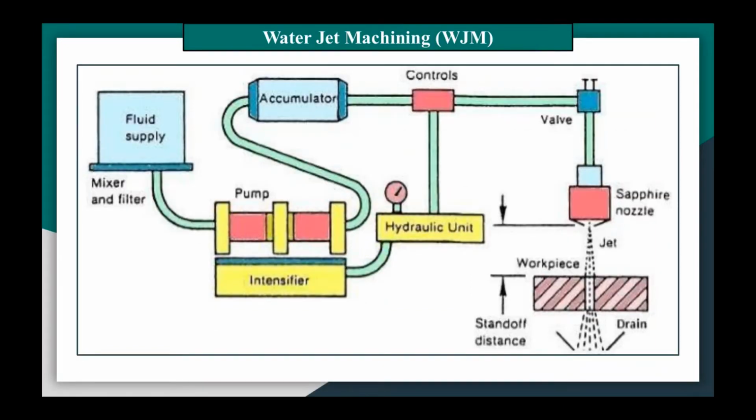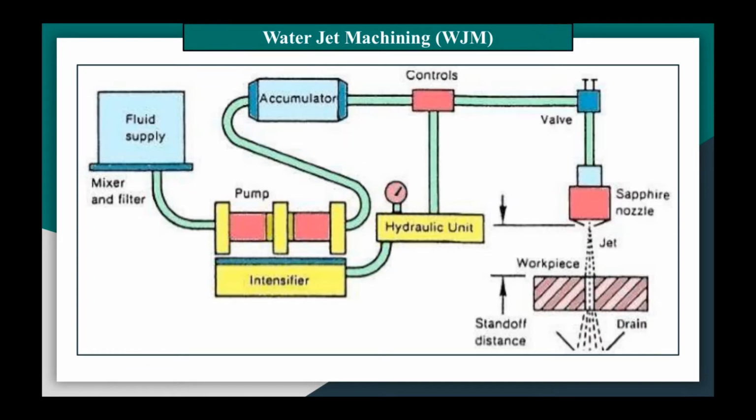In water jet machining, a high velocity jet of water is used to remove the material, and here a fluid pump is used to increase the water pressure as high as 2500 to 4000 bar.